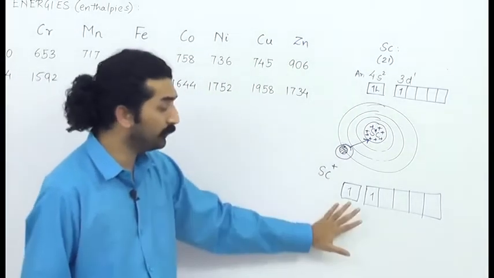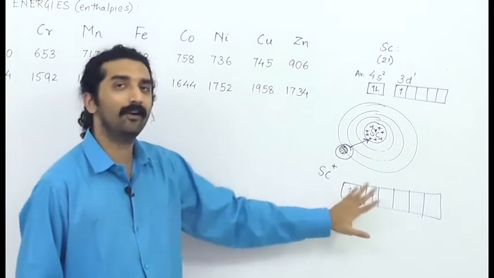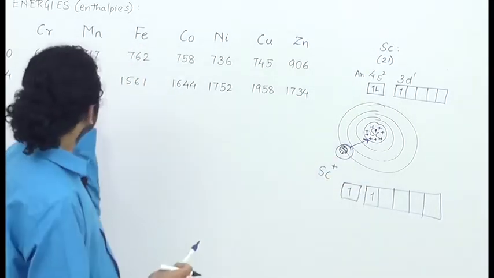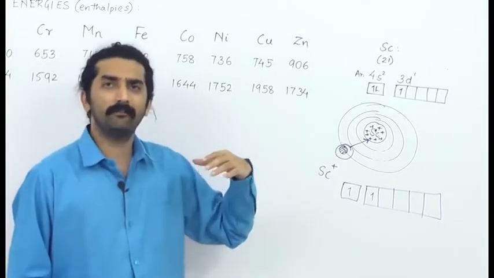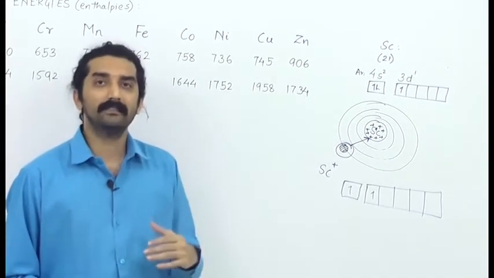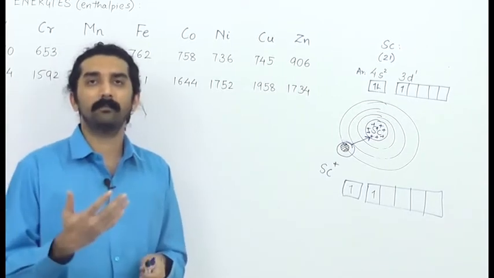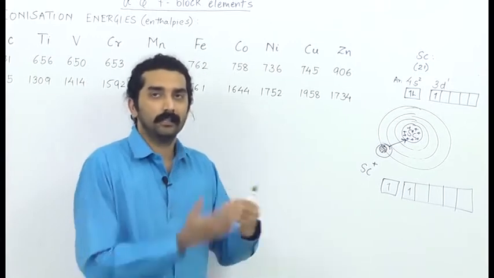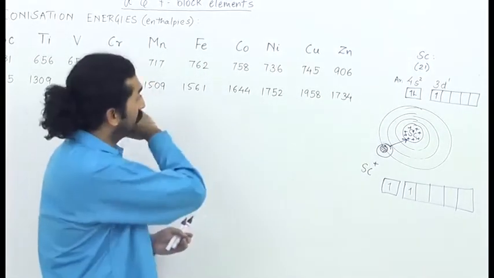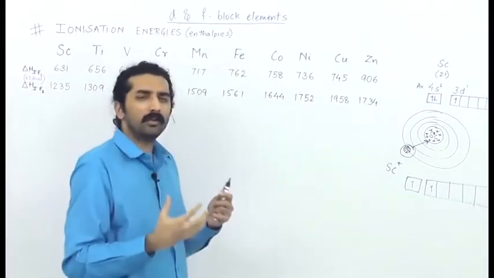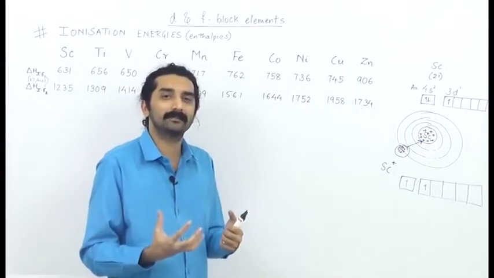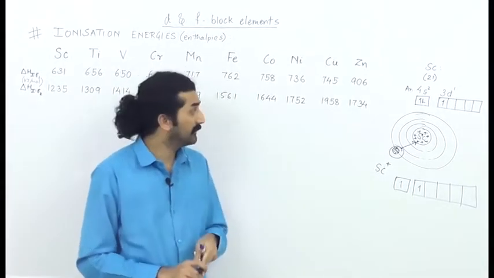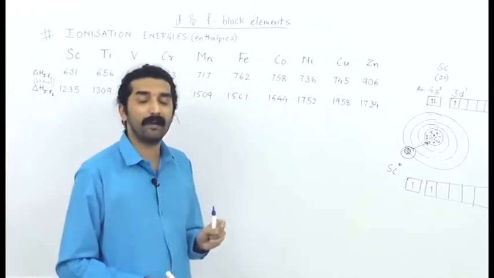After you reach this stage, there is a reorganization of energies of sorts, and that is why this reorganization is quite variable as you go forward, and that is the reason you don't see a stark change in the ionization potential. Although you will still notice that there is an increase, but not a very heavy increase per se. That is why you can see these numbers, but there are a few exceptions which we have to notice here.